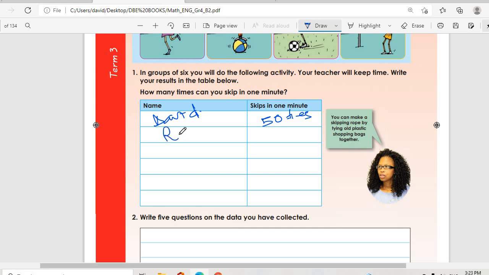Maybe we have Riker. Maybe you can say I skip 40 times per minute. Maybe it's Cheaper, you can say maybe it's 45 times, maybe it's more. Maybe it's 35 times.